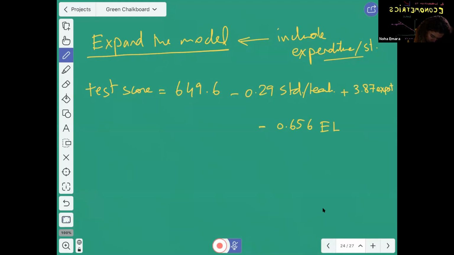For each coefficient, we have its own standard error, 15.5, it's given.